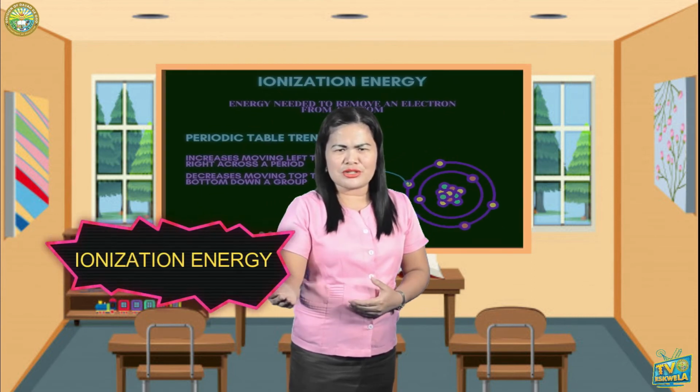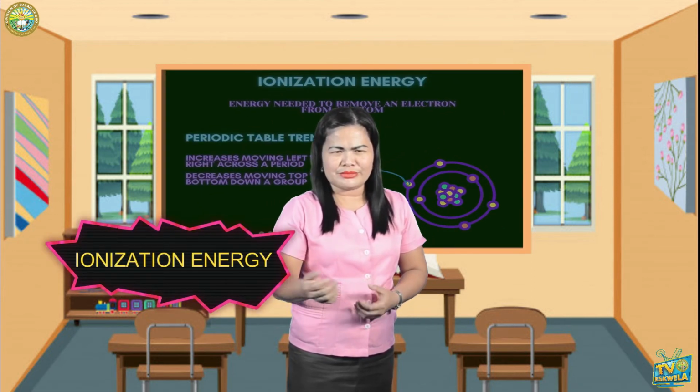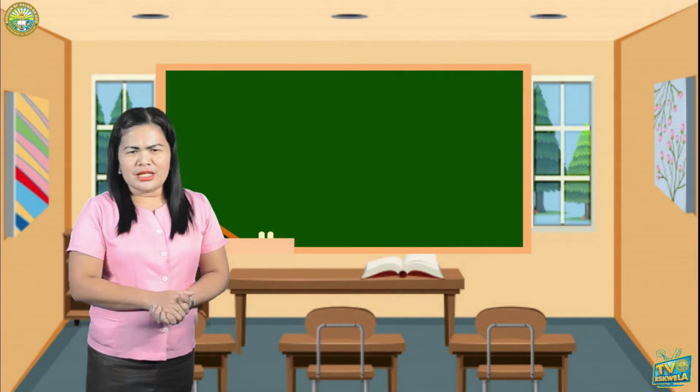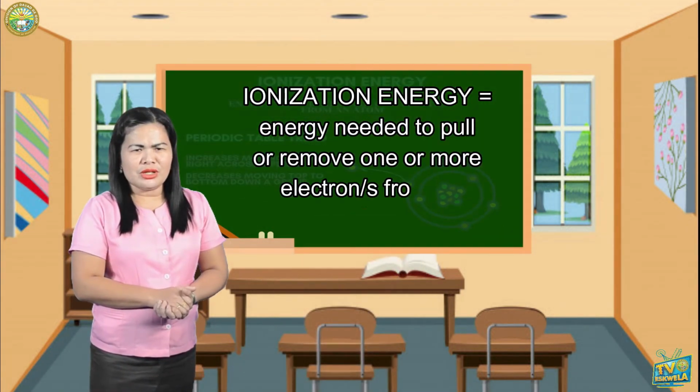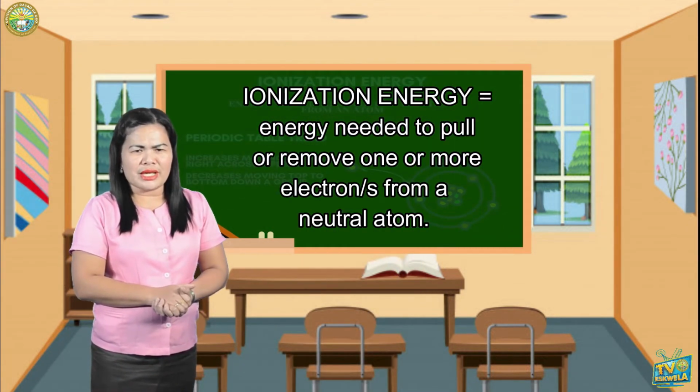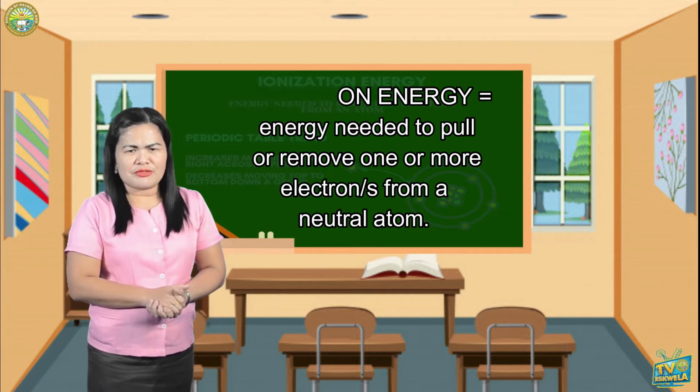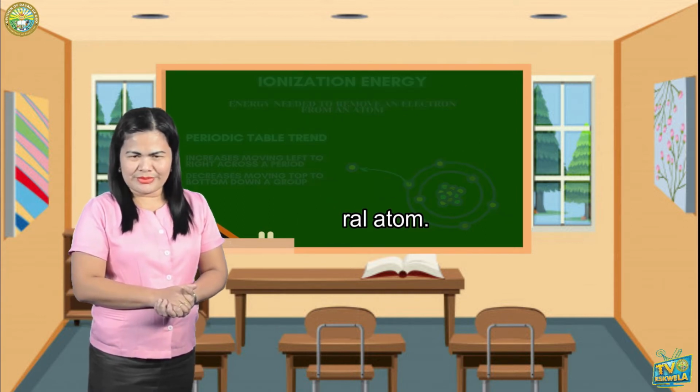Before we discuss the formation of ionic bond between atoms, let us first familiarize some concepts in this lesson. Ionization energy: energy needed to pull or remove one or more electrons from a neutral atom.